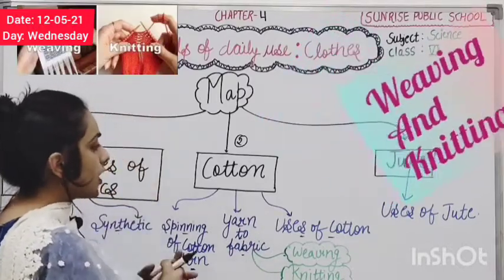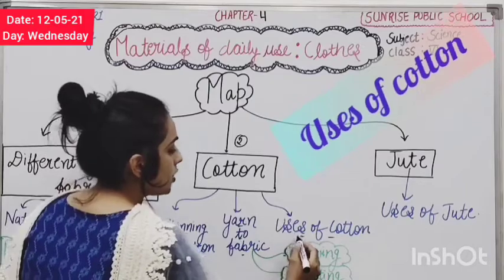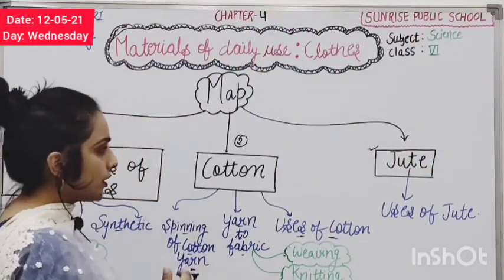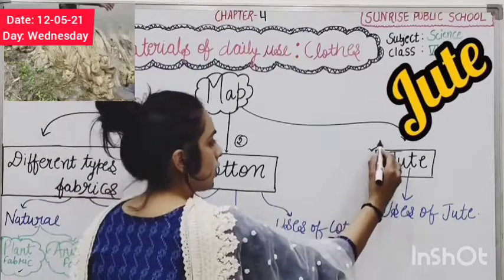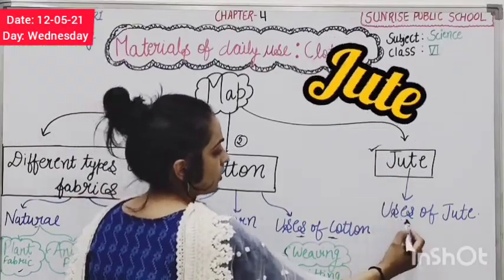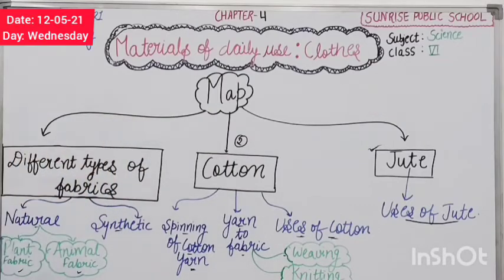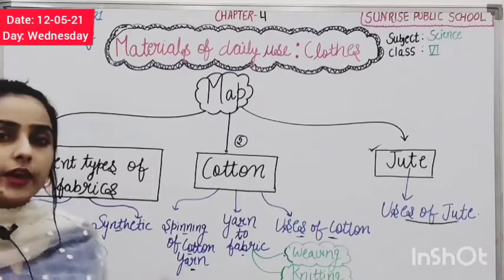And finally we are going to discuss the uses of cotton. The third topic is jute, and we will discuss the uses of jute. So this is the total map of this chapter.